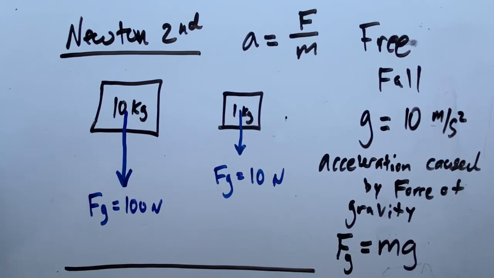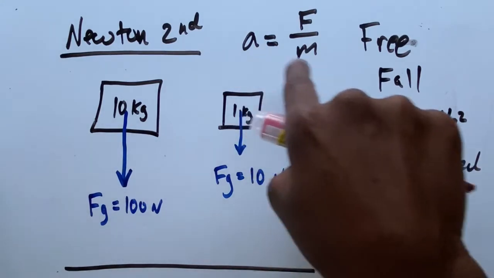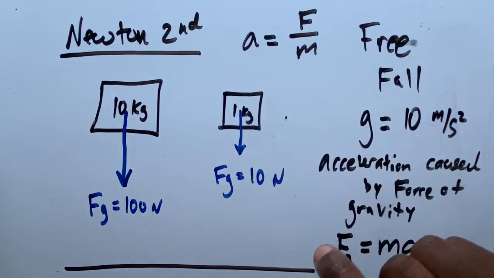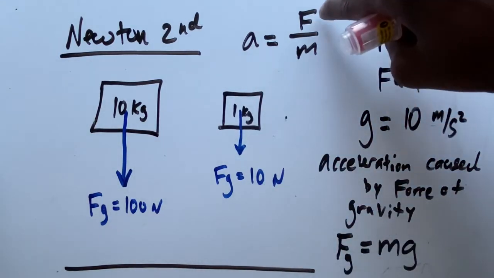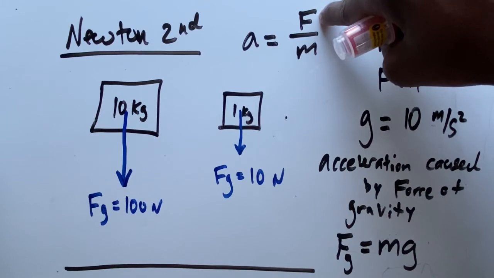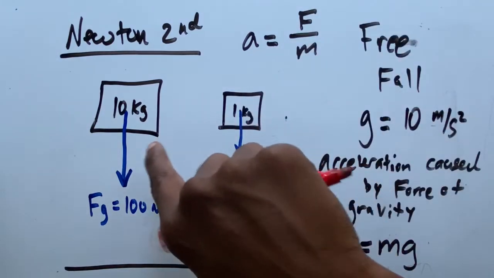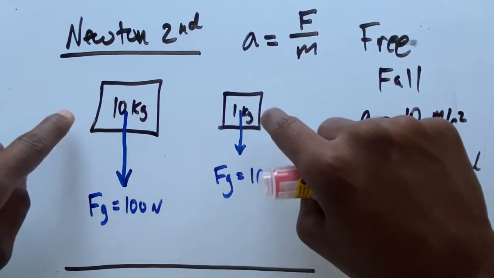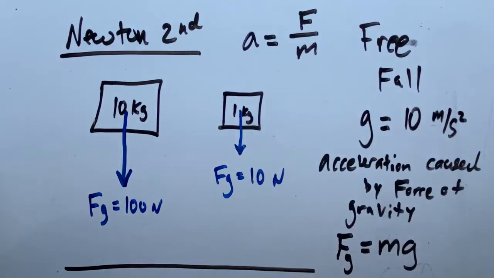Right? So now let's find the acceleration for both of those boxes using our Newton's second law here, because we now know the force F, which is going to be the force of gravity, because the force of gravity is what's pulling both of these boxes down.